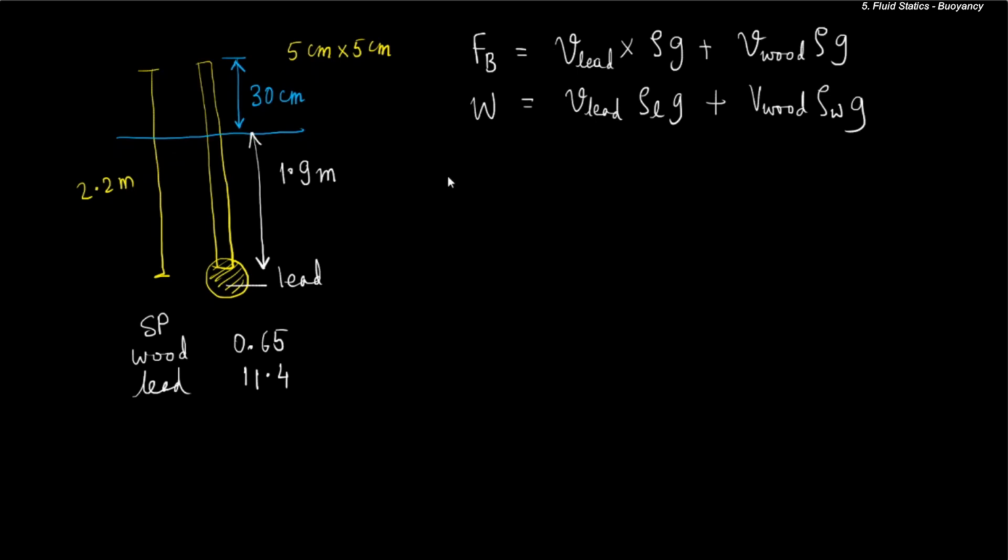So now if we equate these two, the buoyancy force will be because of the volume of wood submerged. Now we know that the volume of lead would be the volume of lead because everything is submerged. This would be the total volume of the wood.